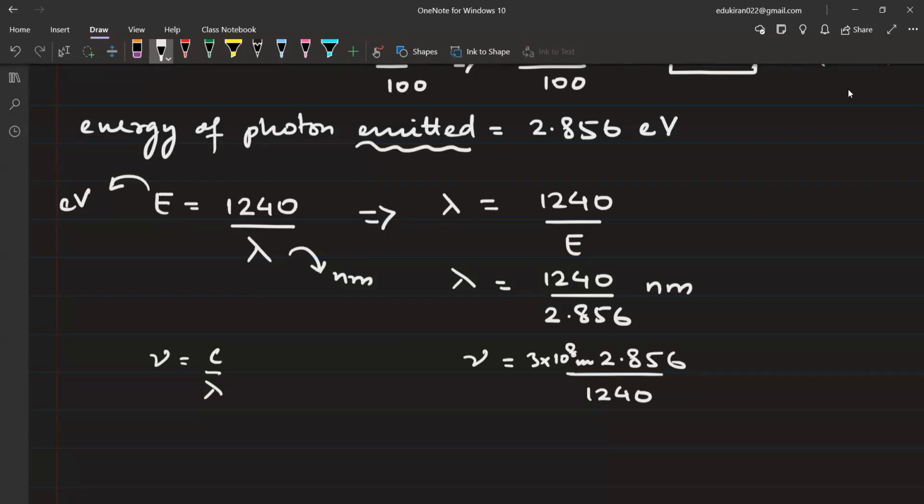Since this lambda is in nanometer, you will convert it to meters, so nano is 10 to the power minus 9. Then frequency will be 3 into 2.856 divided by 1240 into 10 to the power minus 9, which will be about 10 to the power 17.